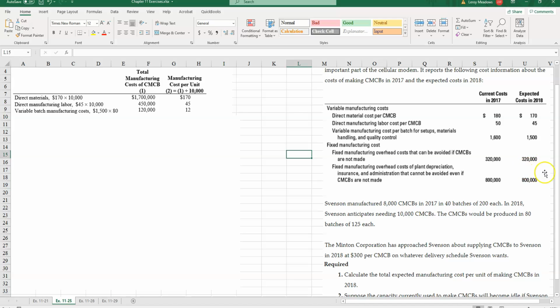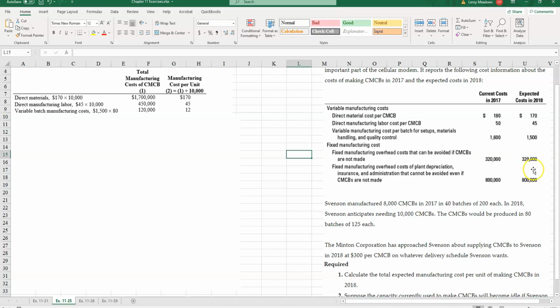It absolutely is. Why? Because if we keep it in-house and keep manufacturing those CMBCs, we're going to incur this $320,000. However, we're not going to incur that $320,000 with the fixed costs if the CMBCs are made by the Minton Corporation.